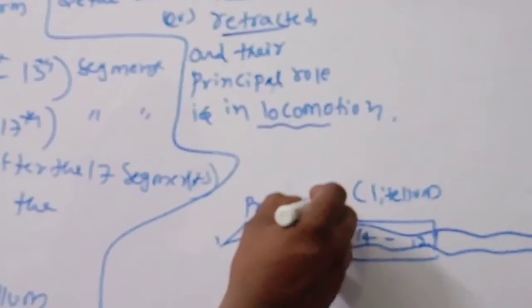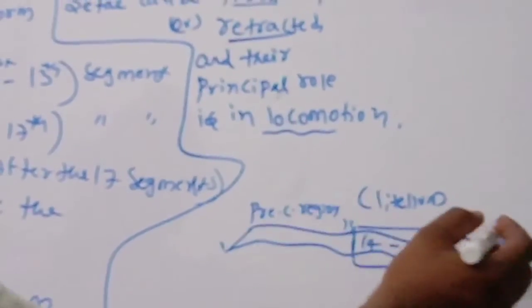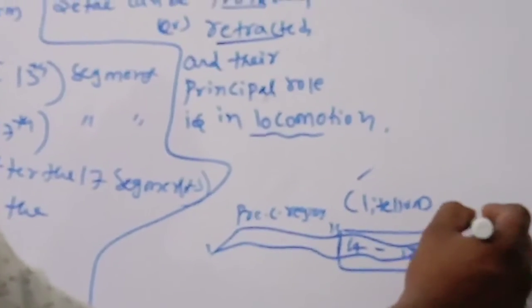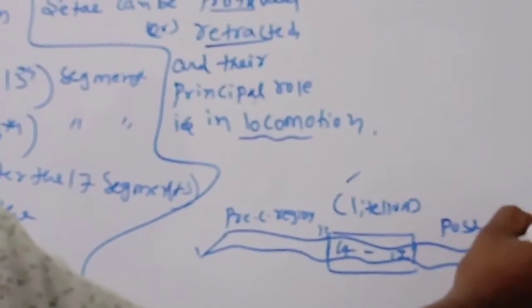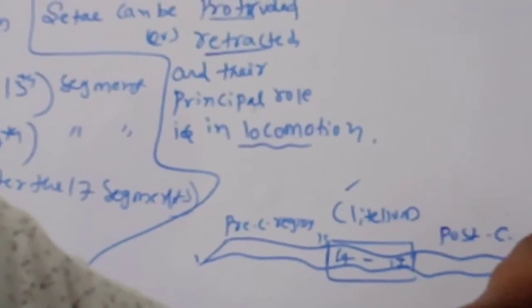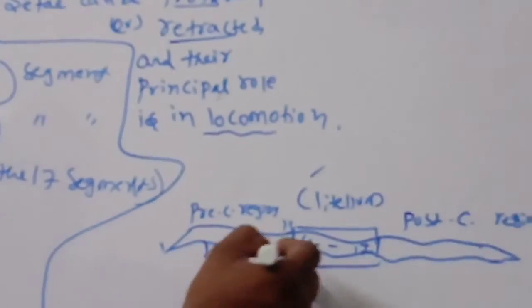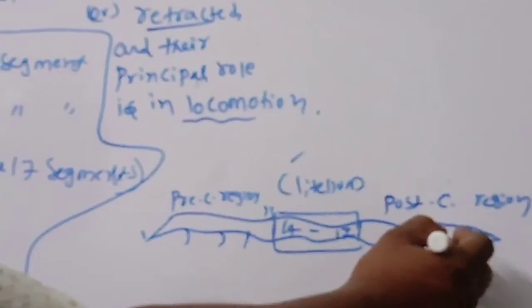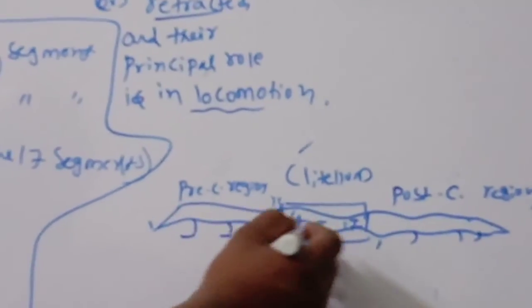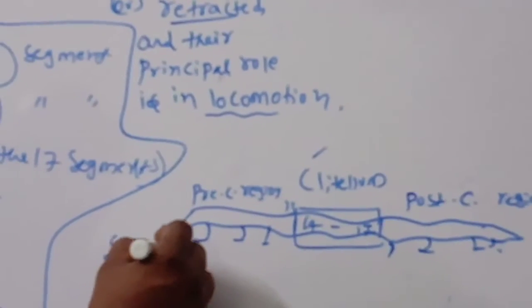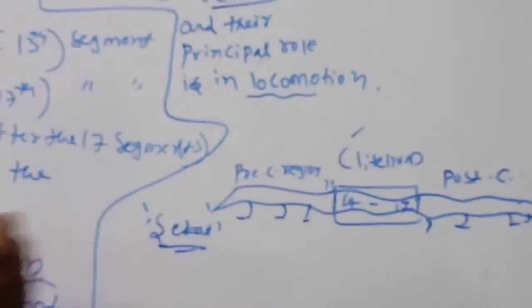This is the clitellar region, 14 through 17. This one is called the post-clitellar region. Here in the pre-clitellar and post-clitellar regions, the ring-like structures are called setae.